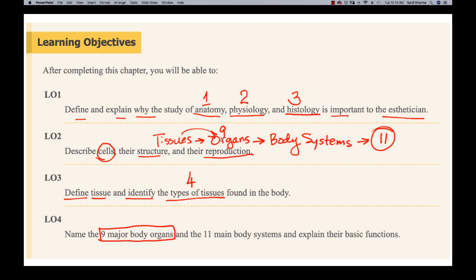Of course, there are many more, but we're going to be looking at the 9 major organs. And then how many body systems? 11 body systems, and explain their basic functions. We already did a little bit of that, but as we look at the text of the book, we will explain it in more depth.